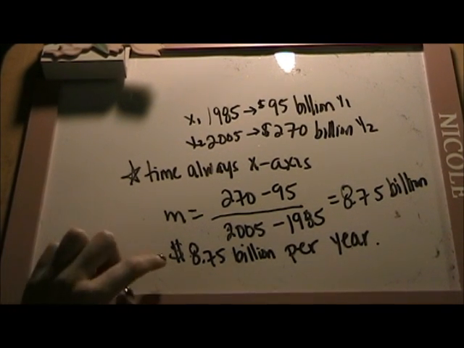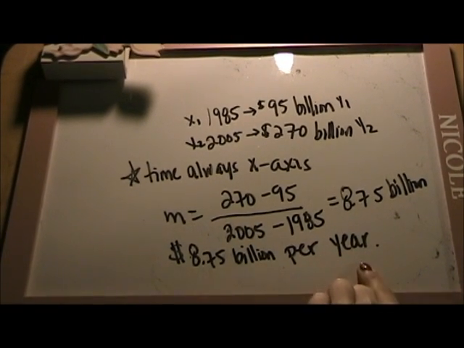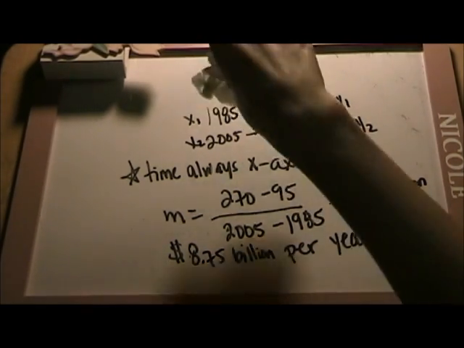So our vertical units, money spent, per horizontal units, in this case, years. Okay. So slope, an important concept for linear functions. We're going to be talking about linear functions in chapter 2 as well, so this is just an introduction, but really important to understand the concept of slope.